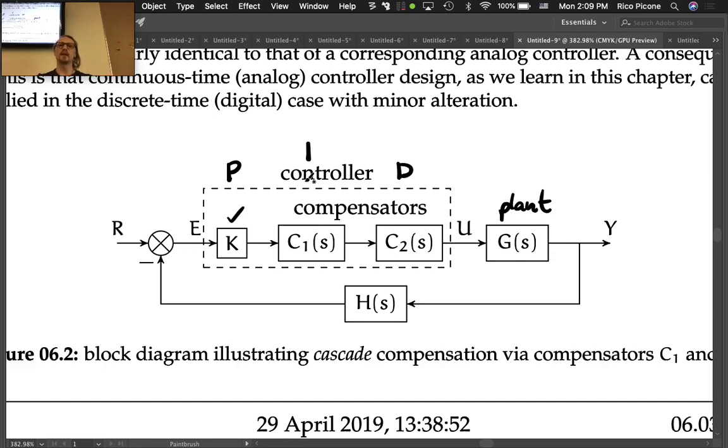So that's our control scheme. That's how we'll design controllers. We're going to do it incrementally, doing an initial gain control, and then we're going to do compensation using other techniques. So we'll learn each technique, each compensator technique separately.